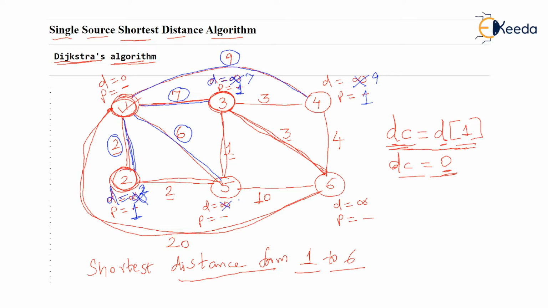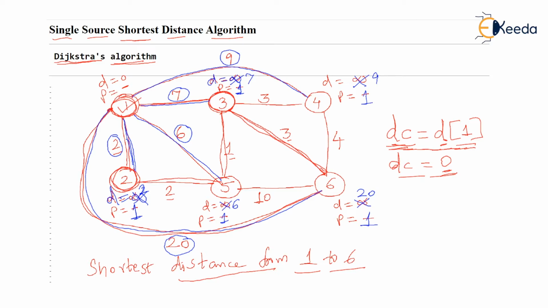We update this d as 6 and path as 1. Finally, we have an adjacent vertex of 1, which is 6, and check the distance. Distance is 20, which is lesser than infinity. Indeed, it is lesser than infinity. So the distance of the sixth vertex gets updated to 20 and the path gets updated as 1. So we have checked all the neighbors of the first vertex and we have updated their distances.